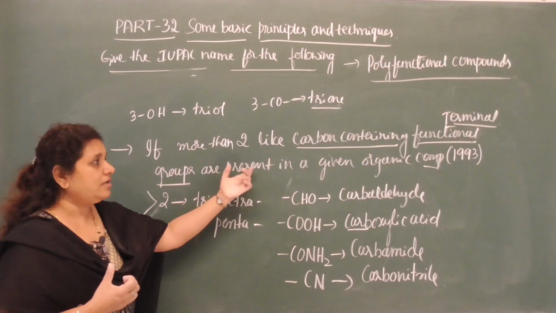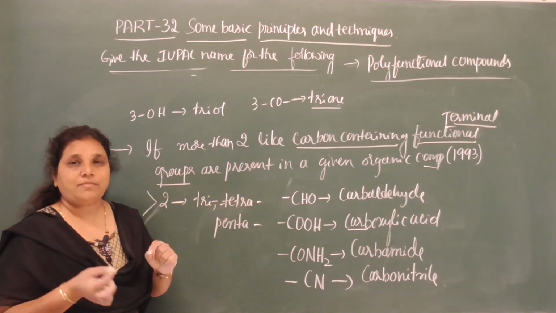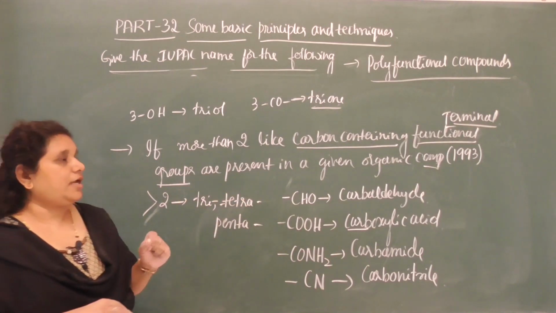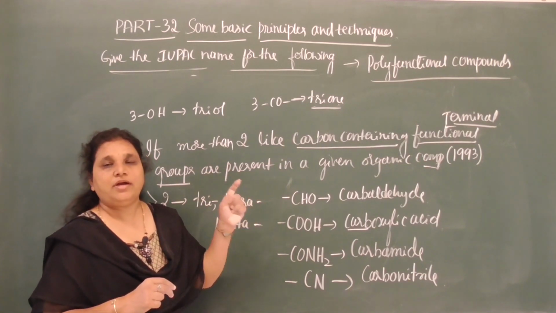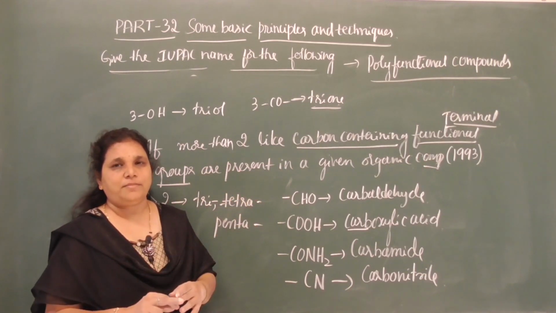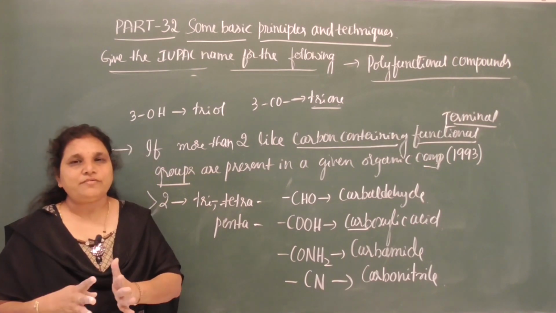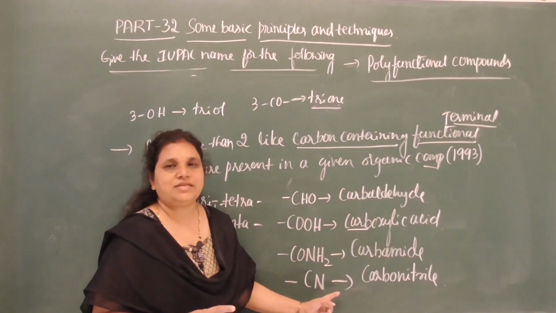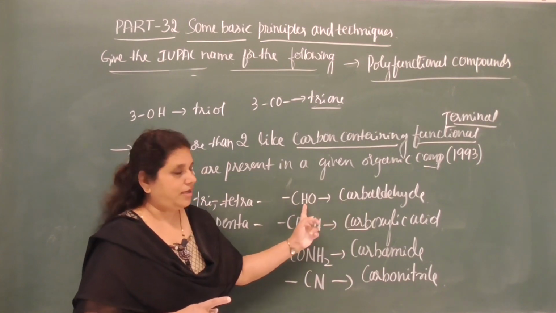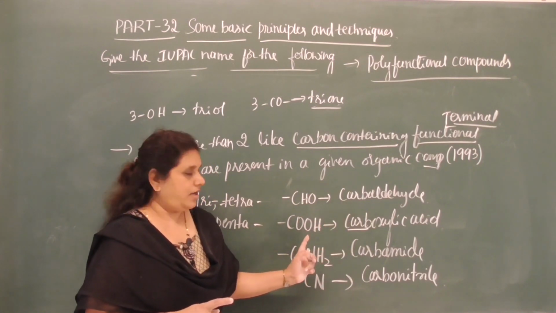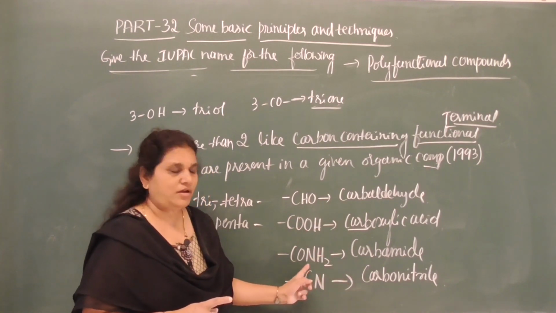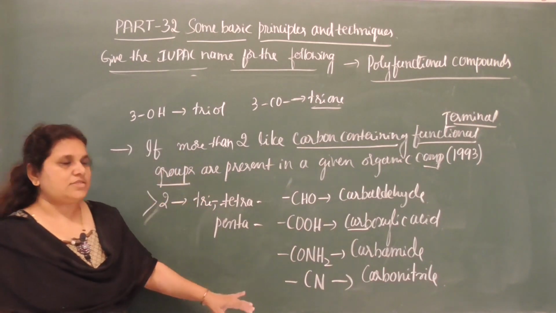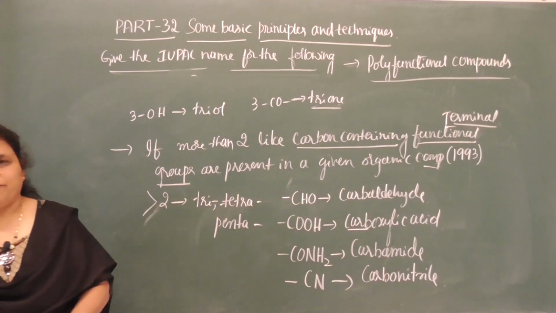Mention that this applies to like carbon containing terminal functional groups; it does not affect non-terminal functional groups containing carbon, but it is very important for terminal functional groups. Only for terminal ones, we do not consider those carbon atoms for the root word. That is one point to remember. The second one is to remember the suffixes: carbaldehyde for aldehyde, carboxylic acid for the acid group, carbamide for the CONH2 group, carbonitrile for the CN group. So with this, let us move on to the examples for polyfunctional compounds.